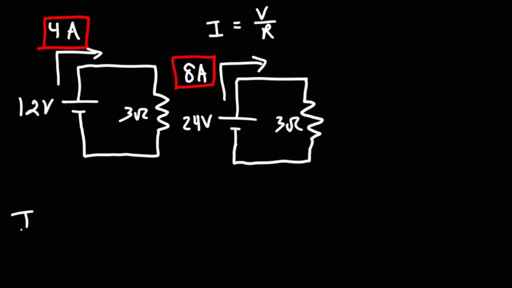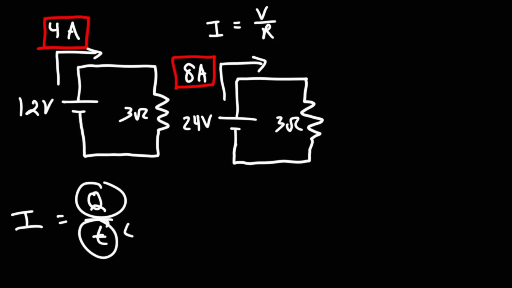Now, we know how current is defined. Current is Q divided by T, where Q represents the quantity of charge and T is time in seconds. So there's two components to current: the quantity of electrons and also how fast those electrons are moving.